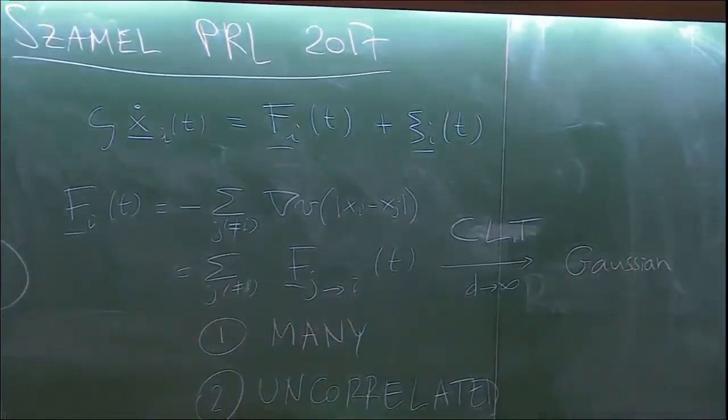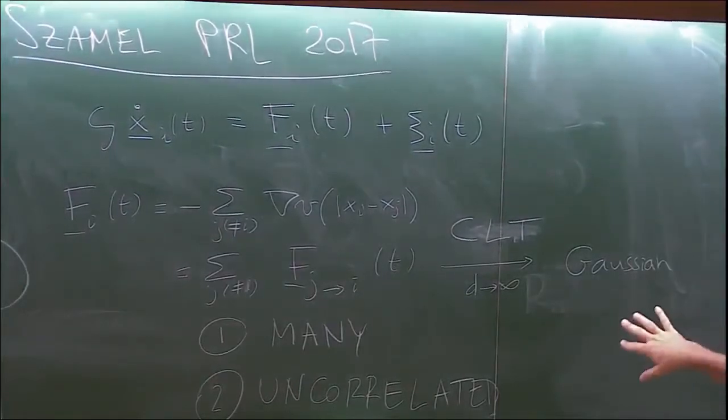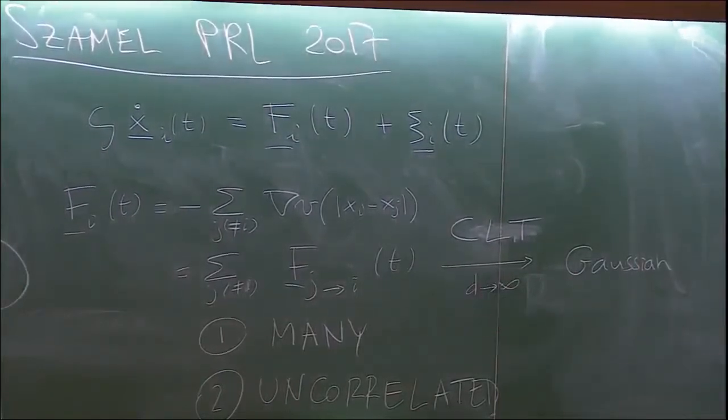A Gaussian variable is only characterized by its mean and its variance. So I need to compute the mean and the variance of this variable.